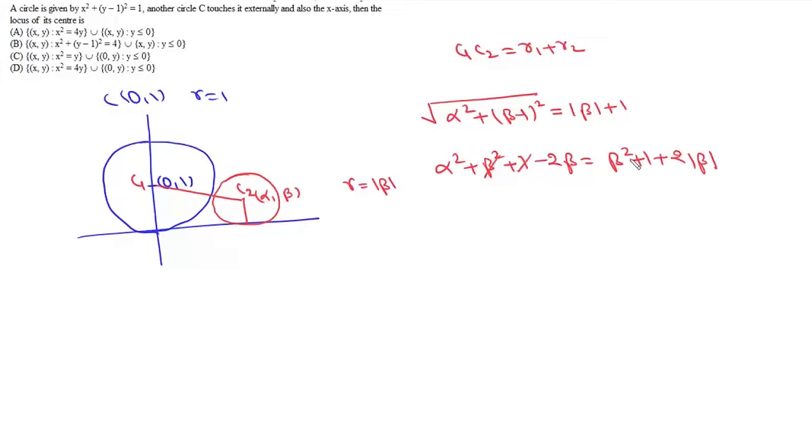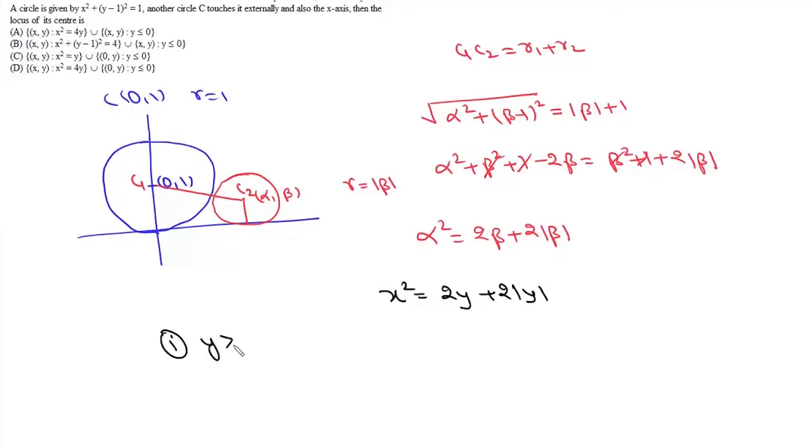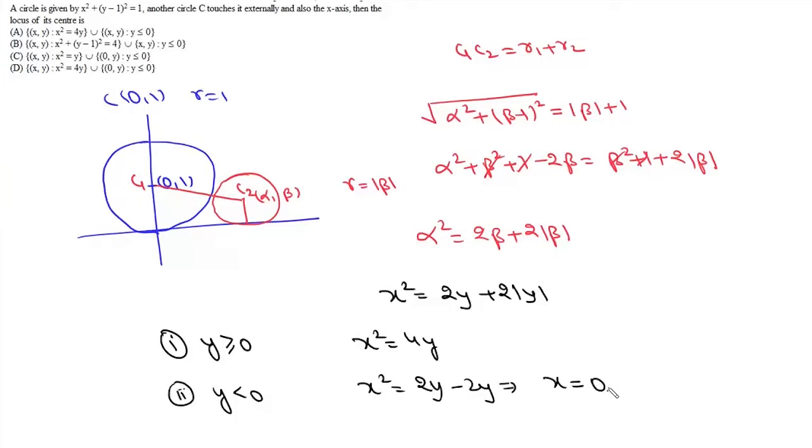Now beta square plus 1 will cancel. We'll get alpha square as 2 beta plus 2 mod of beta, or x square equals 2y plus 2 mod y. Now if y is greater than or equal to 0, then in that case it will be x square equals 4y, and if y is less than 0, in that case it will be x square plus 2y minus 2y, that is we'll get x equals 0.